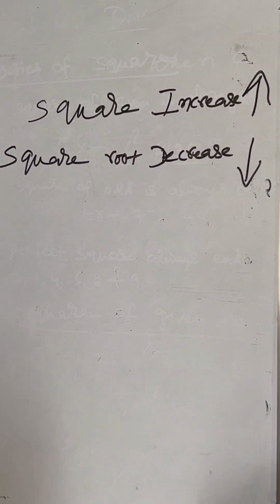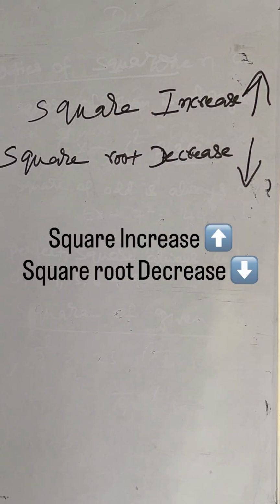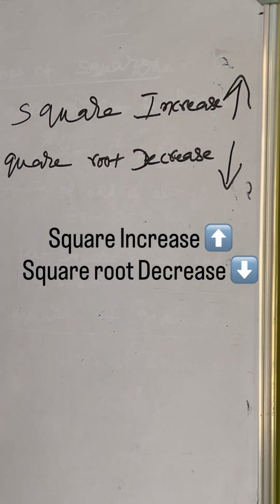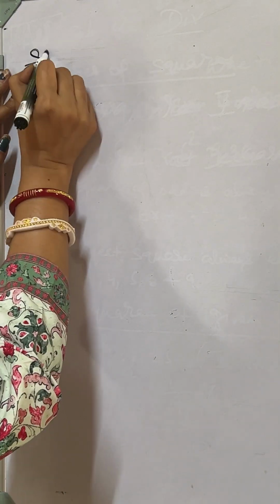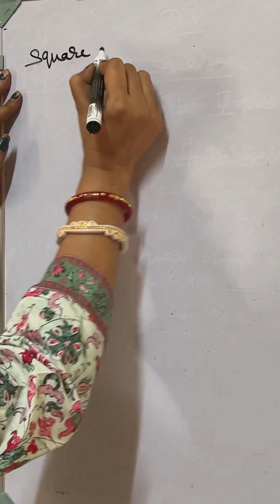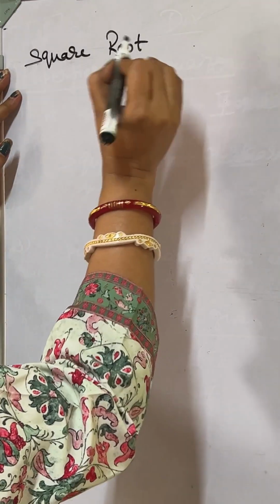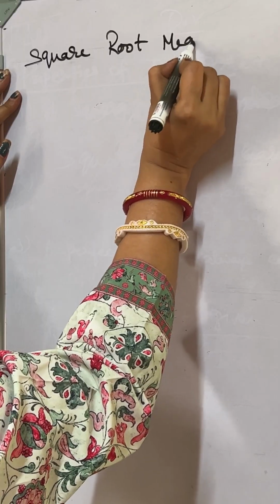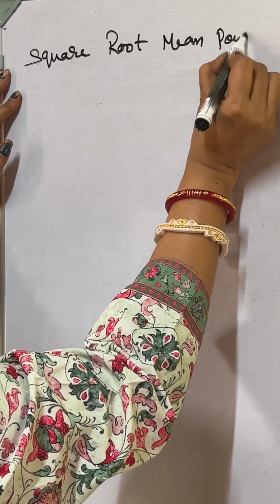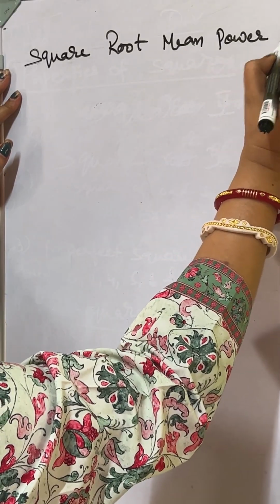Okay, now we will understand what you mean by square root. Square root means power 1 by 2.